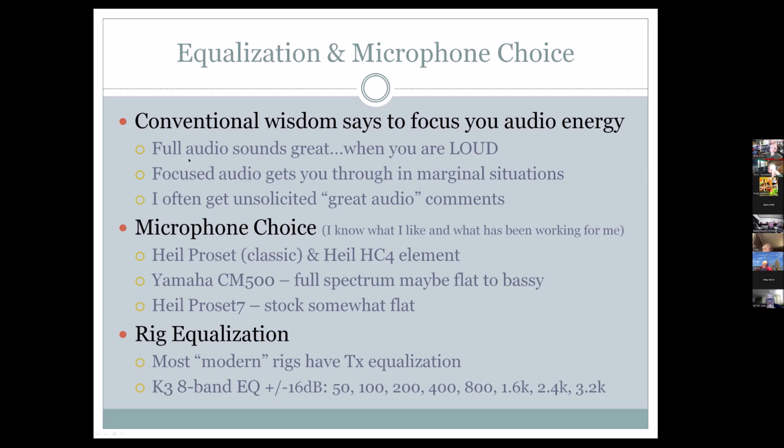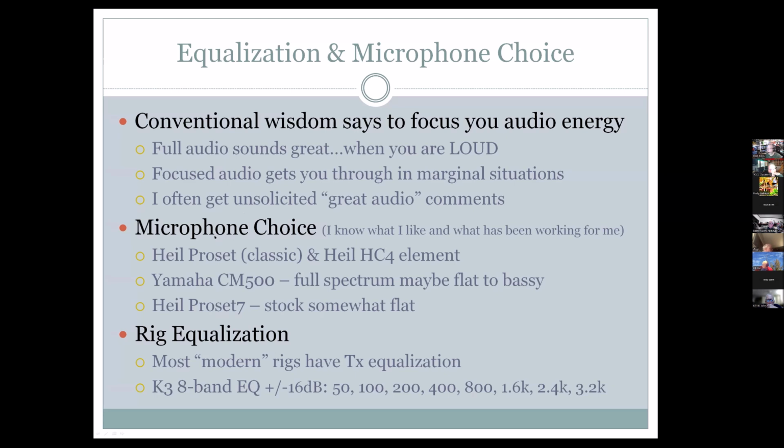You don't do it with broad, nice audio. Focus your audio so you have the intelligibility content somewhere between 1K and 3K. Not totally maxed, but that's where your energy goes, and it breaks through the noise, and often through pileups better than others.